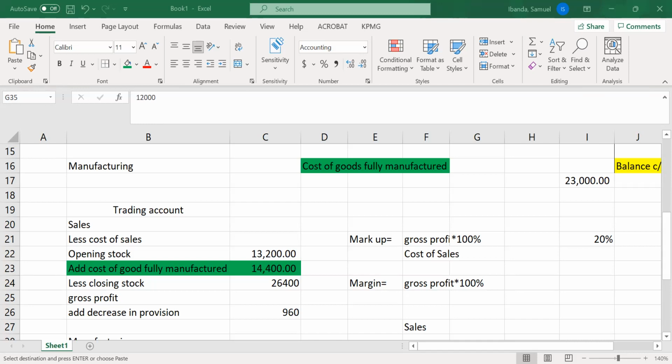When it comes to partnerships, mostly goodwill comes in when we have, let's say, admission of new partners. In general, goodwill comes in when we have changes in the partnership, okay? Most especially when we have new partners coming on board.